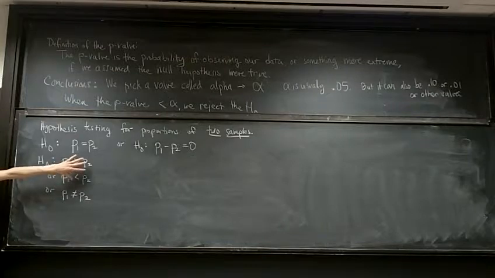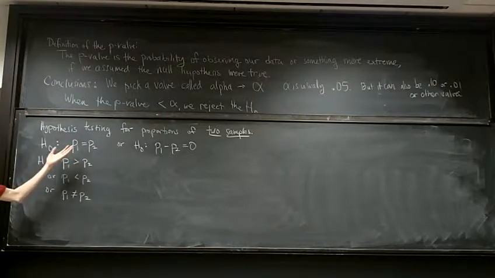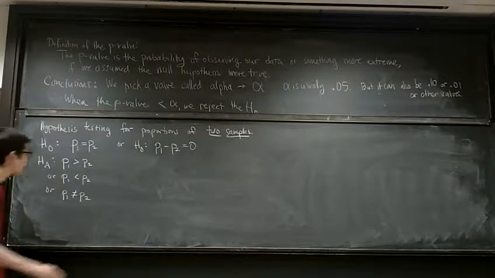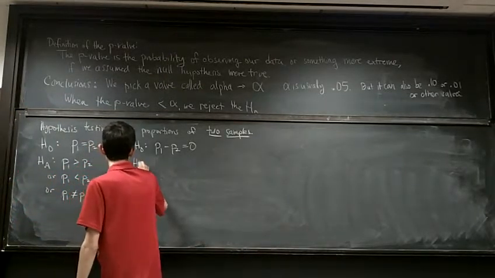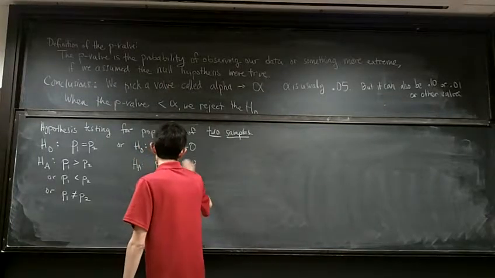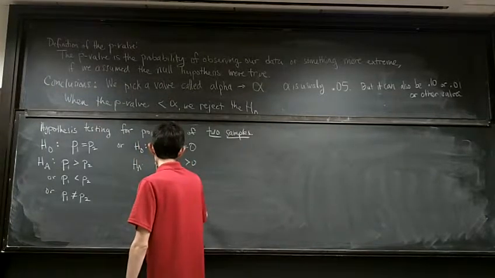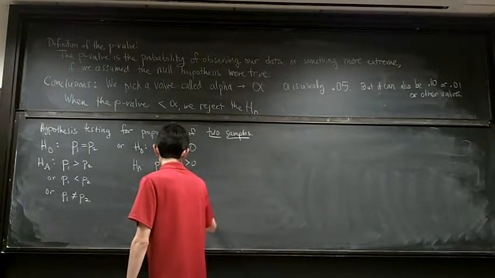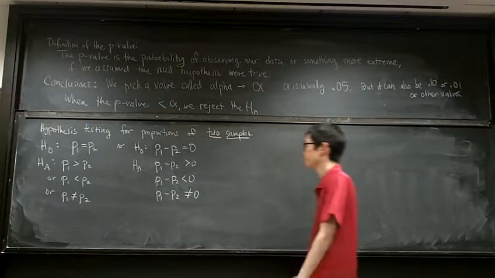In the other cases, you leave your tail area to get your p-value. Same rules as before. Or you rewrite them this way: P1 minus P2 is greater than 0, P1 minus P2 less than 0, P1 minus P2 doesn't equal 0.